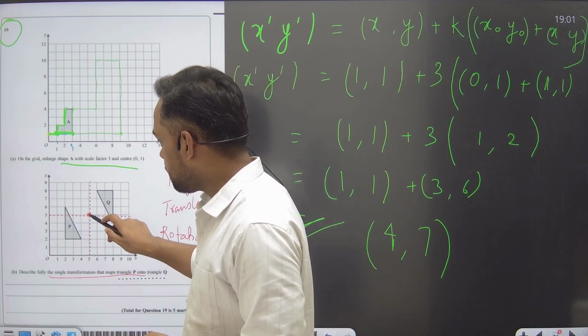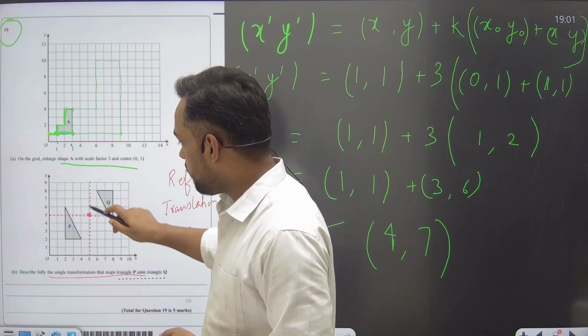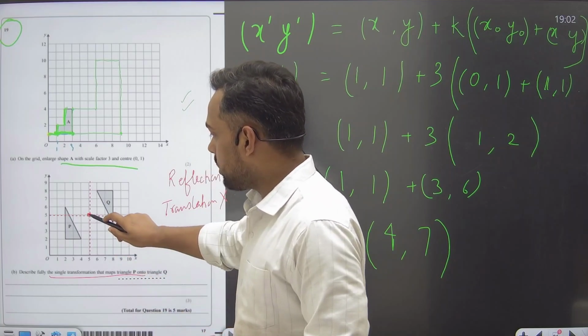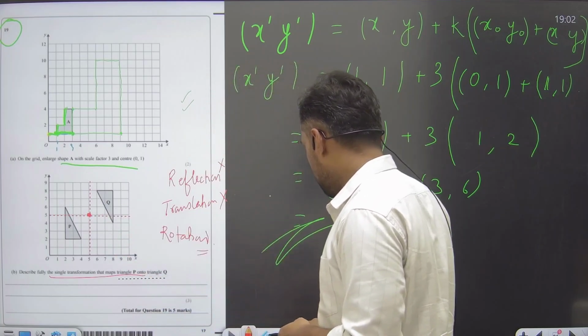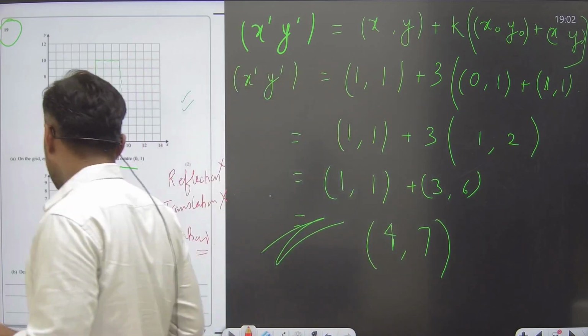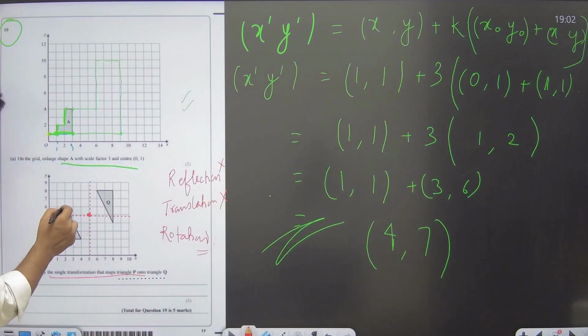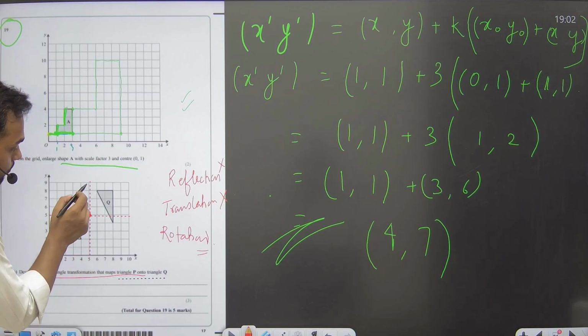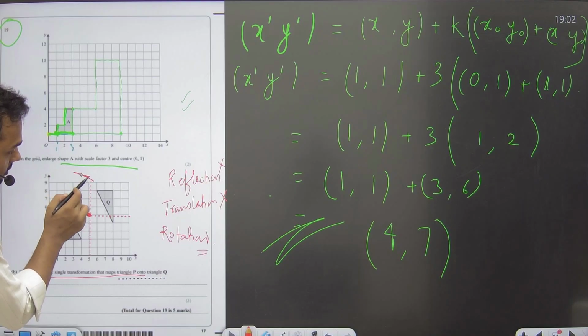From here you will see where the sections intersect. Those who don't know how I got this part need to take the compass on this apex of triangle P and draw an arc here like this.